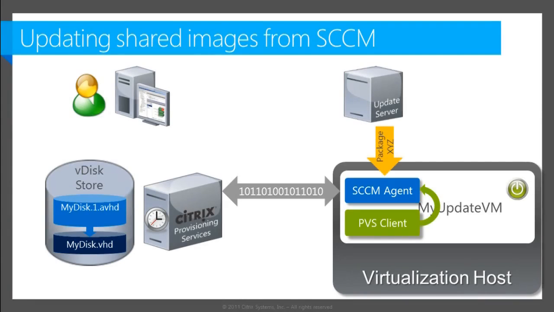So then it does what the agent does, which is to download the targeted patches and apply them in the running VM, which means they'll get saved in the new version of that virtual disk. Now that new version is available for your environment, and through the provisioning services console, you can mark that as being ready to go to production, reboot your machines, and they'll take on that new version.